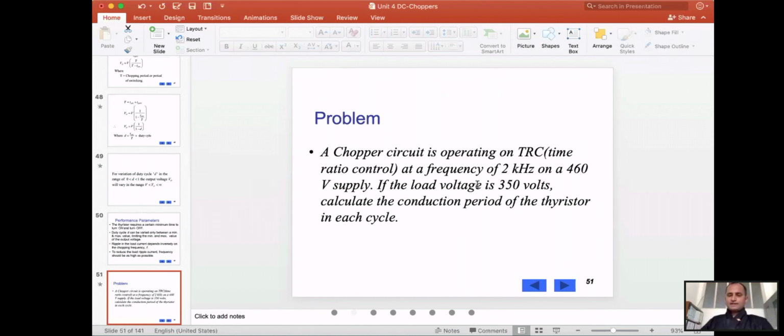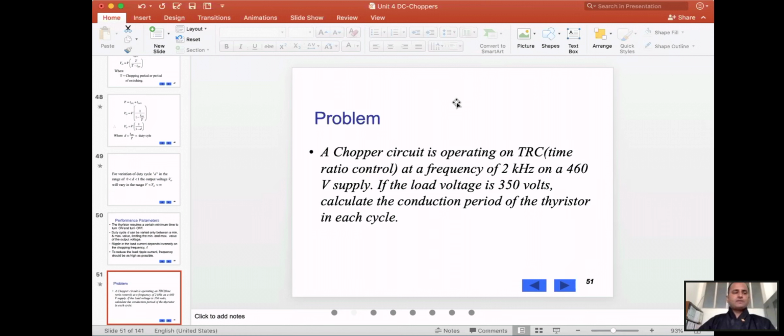The chopper circuit is operating on TRC, time ratio control, at a frequency of 2 kilohertz on a 460 volt supply, where V equals 460, VDC equals 350, and F equals 2 kilohertz.